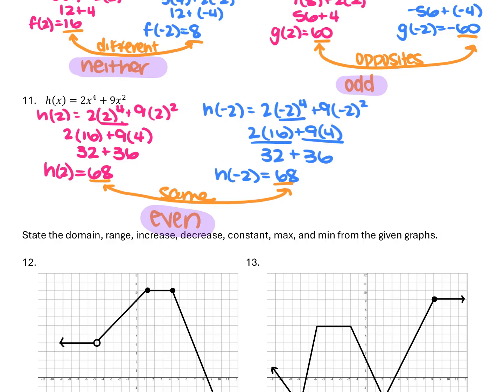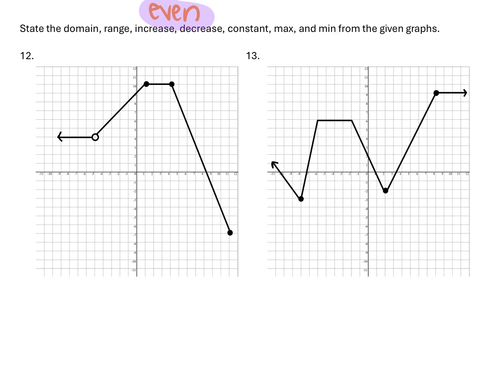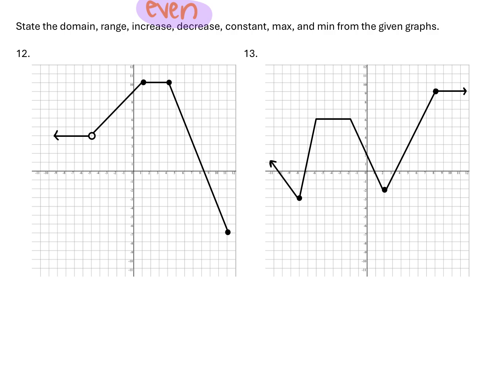For 12 and 13, it tells you to state the domain, the range, the increase, decrease, constant, maximum, and minimum of the given graphs. Remember, domain, increase, decrease, and constant are all your x's. Your range, your maximum, and your minimum are all your y's.